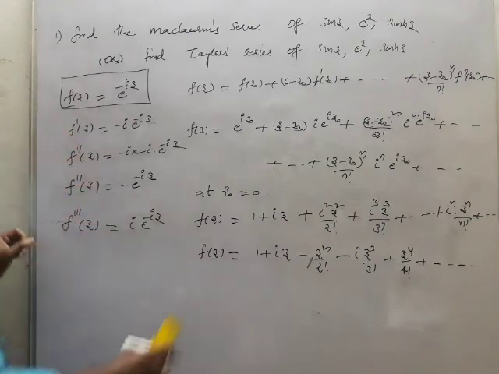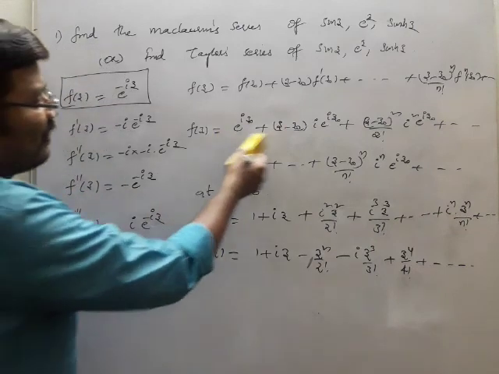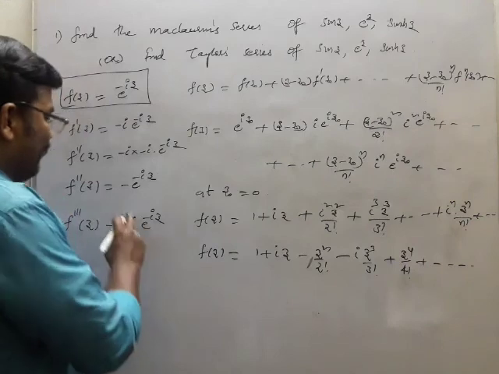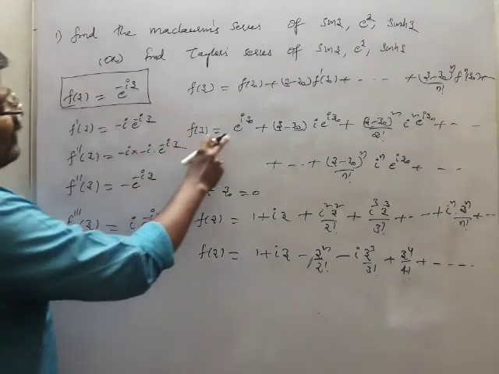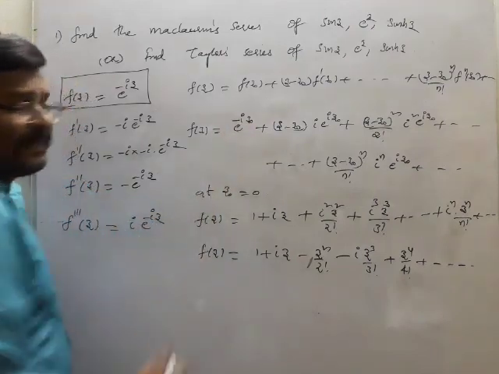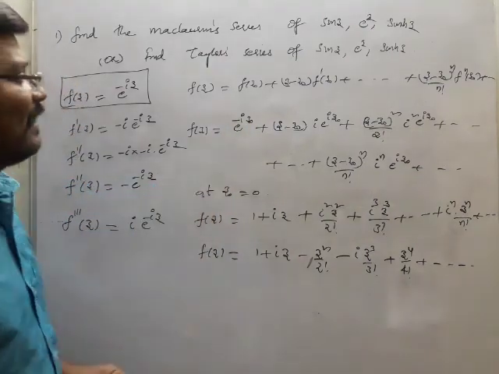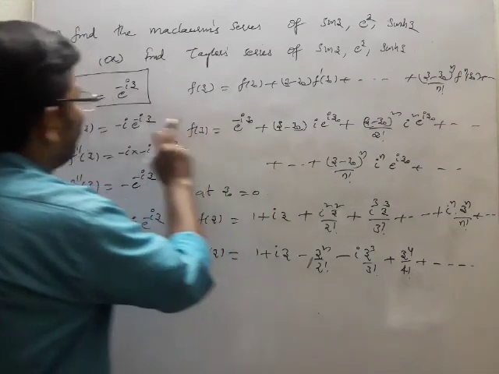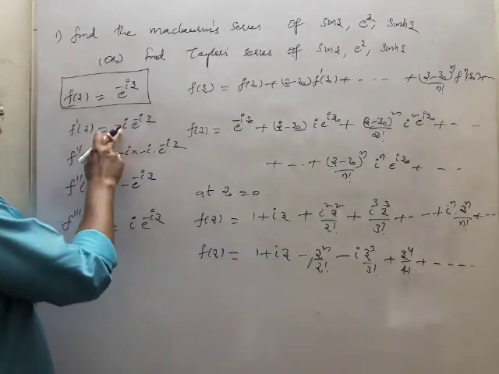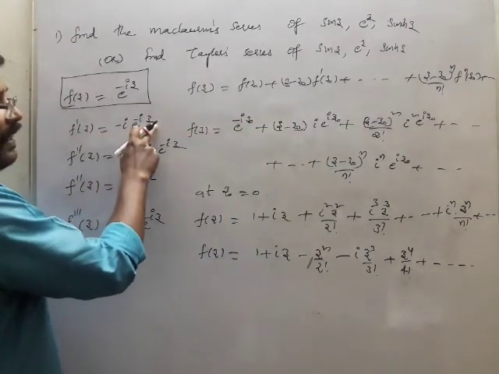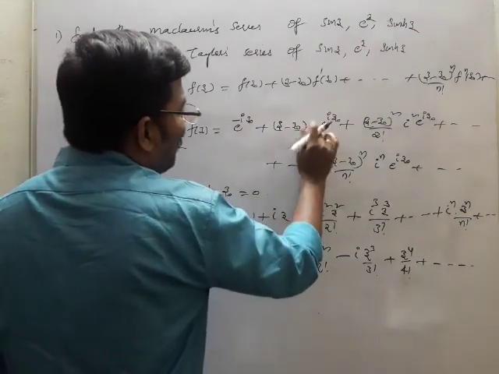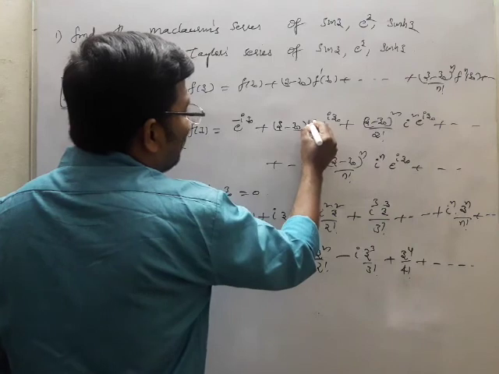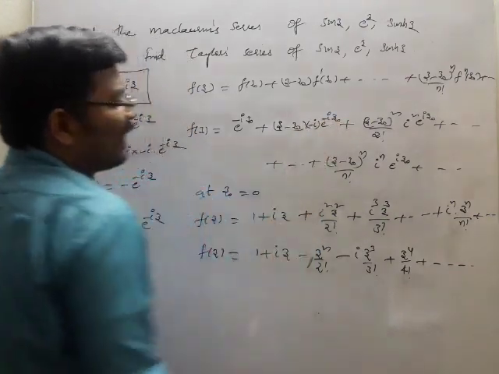These are the values. Now we'll try to substitute by putting z naught equal to 0. Otherwise we can substitute here itself with the help of these values. The first value is f of z naught, meaning e power minus i z naught, which is as it is. And for z minus z naught, the second value, f dash of z is minus i into e power minus i z, so I may write this as minus i into e power minus i z naught.